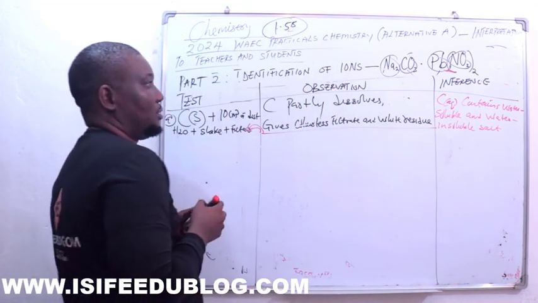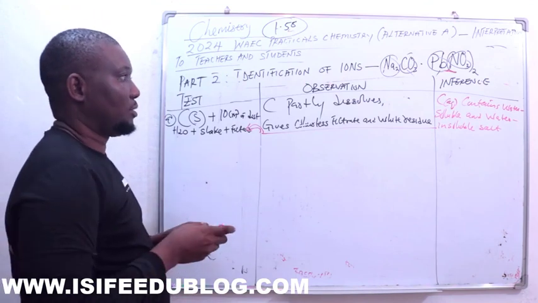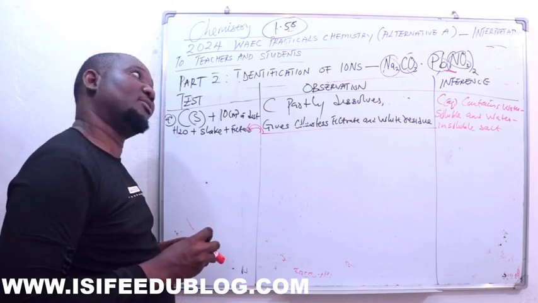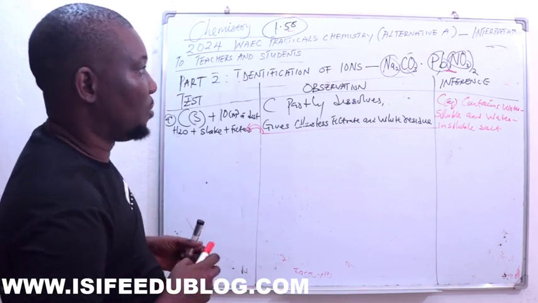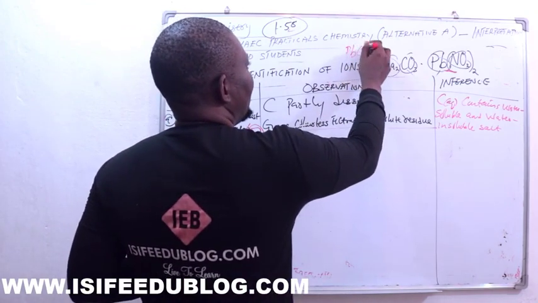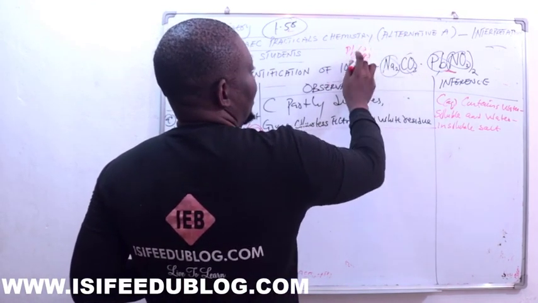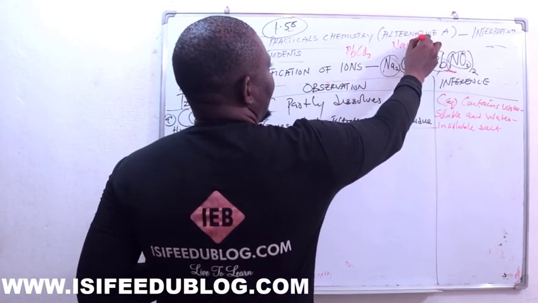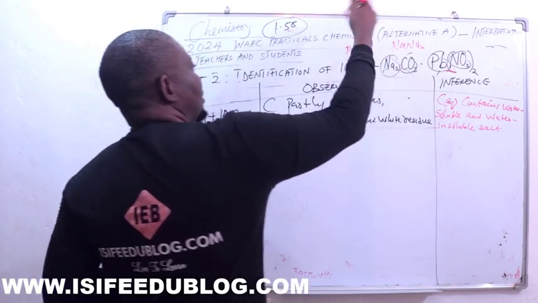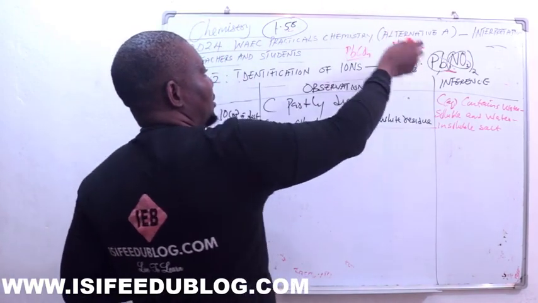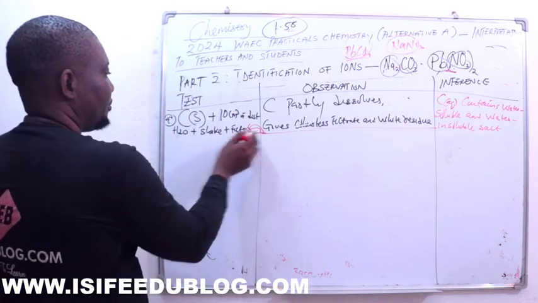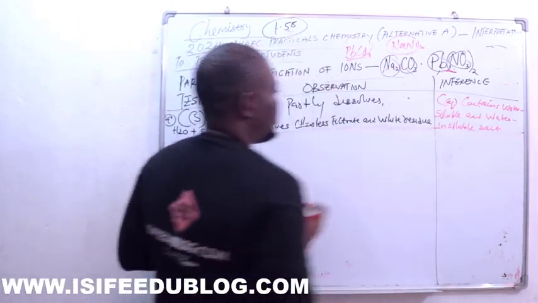You cannot say C is a mixture of soluble and soluble. So C solution contains water soluble; the water soluble part of C is lead carbonate, the water insoluble is this part. So we are not talking about this again. This is what is going on on addition of water. So we are done with this part of it.